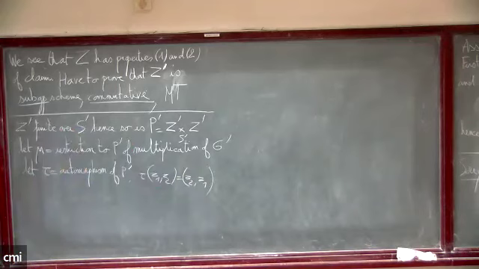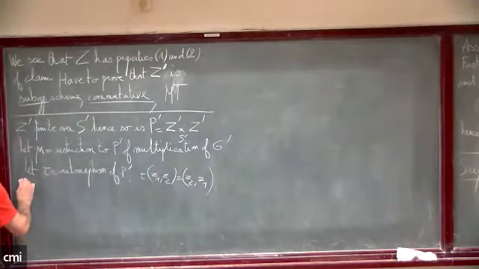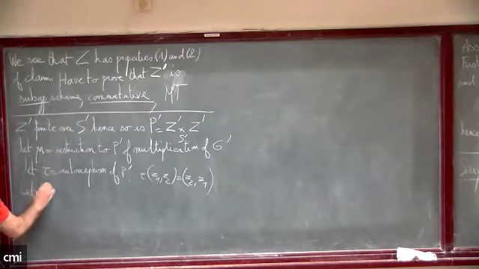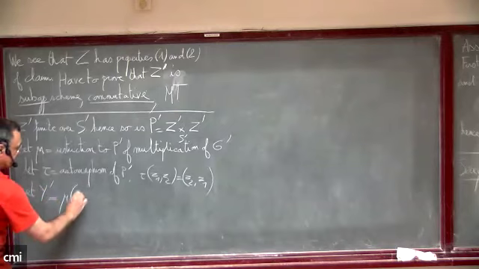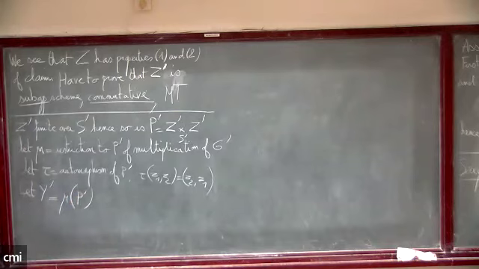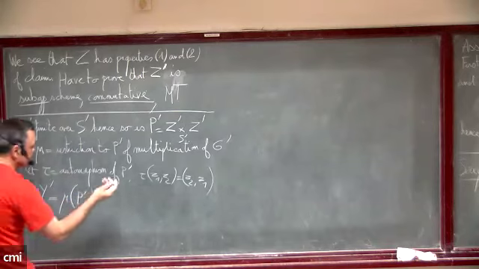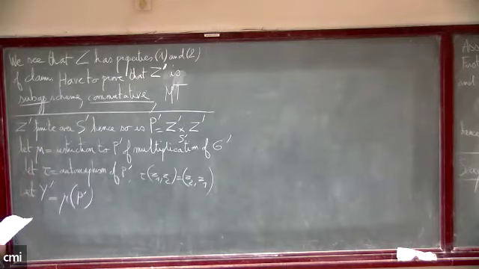So it is the automorphism that switches the factors. And let Y prime be the image of P prime by the multiplication.